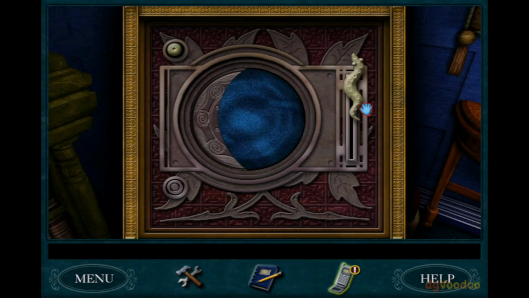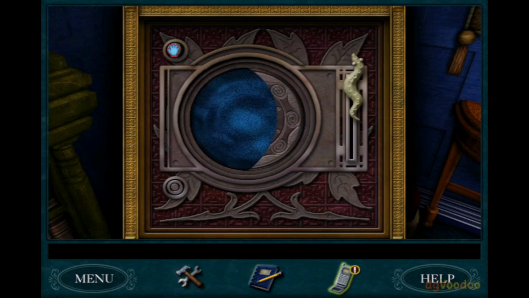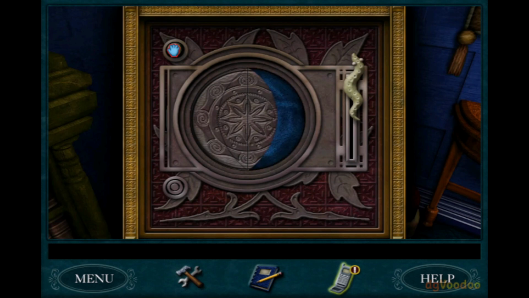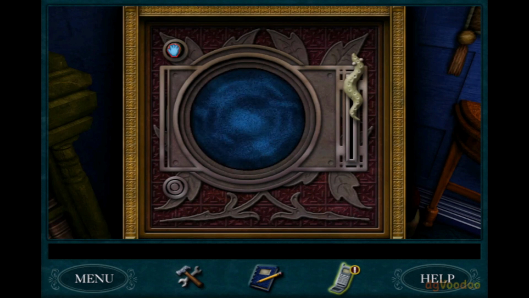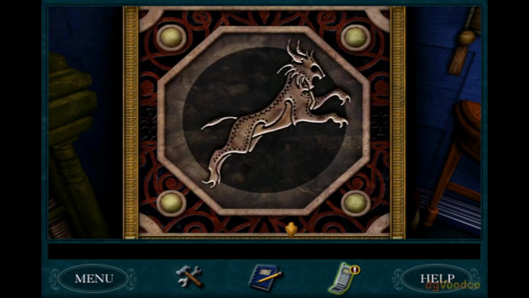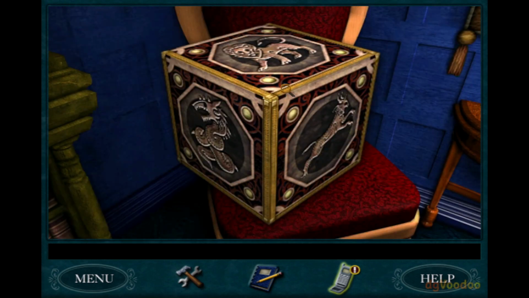Looks like blue, red and green are the only... Oh, we can... Okay. So, I guess... Do we have to... I have no idea what we have to do with this.